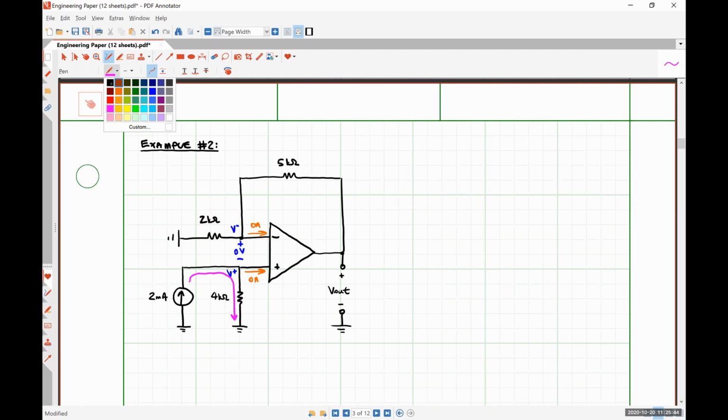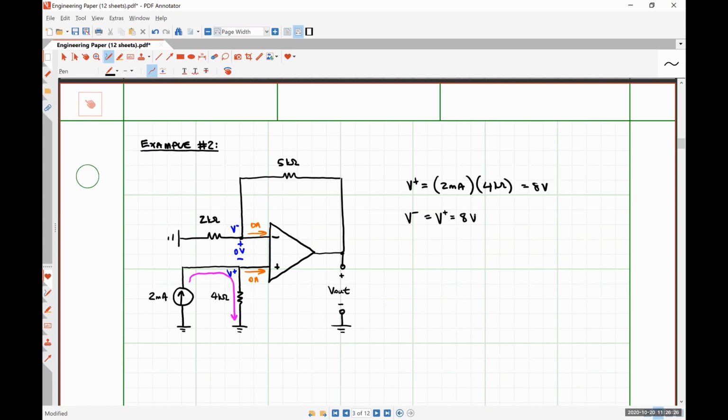So we can use that to determine that our voltage present at our non-inverting input terminal must be 2 milliamps multiplied by 4 kilo ohms, which is 8 volts. Application of ideal op-amp rule number 2 tells us that V minus, the voltage present at our inverting input terminal, has to be the same as the voltage present at our non-inverting input terminal. So it must be 8 volts as well.